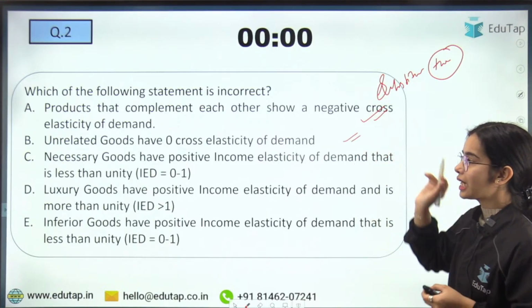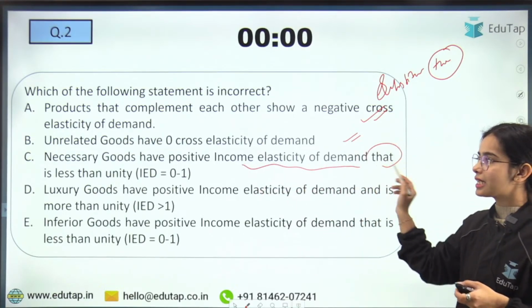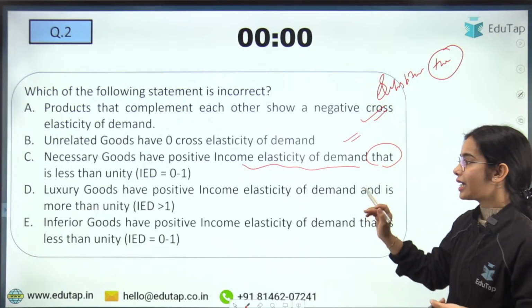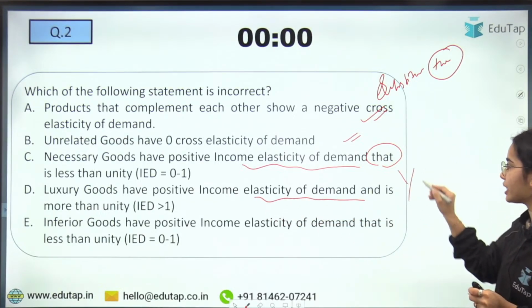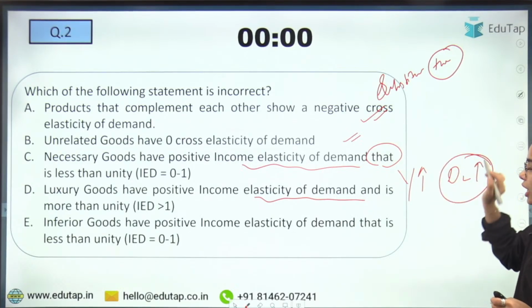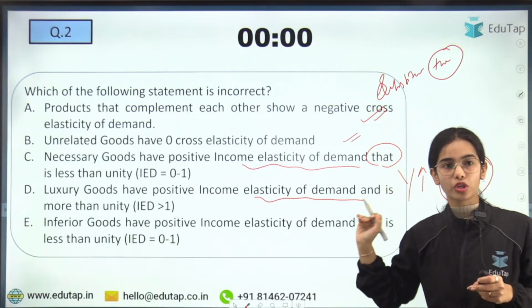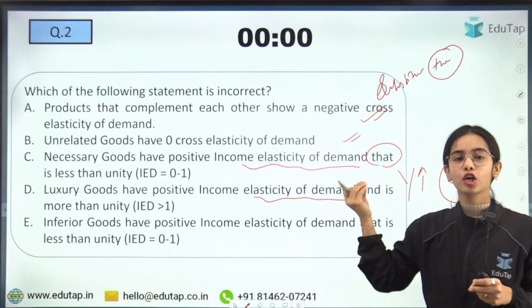This is also correct. Necessary goods have a positive income elasticity of demand that is less than unity. That is correct. And luxury goods also have positive income elasticity of demand. That means when income increases, the demand for luxury goods also increases. So that is correct; the income elasticity of demand is positive for luxury goods.